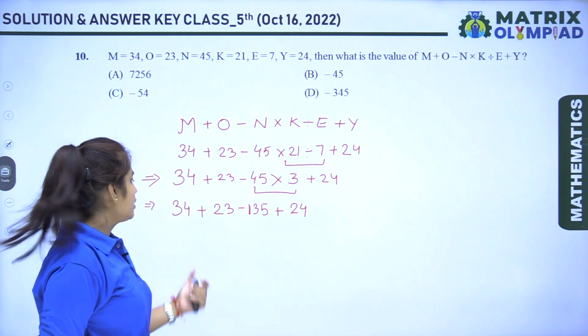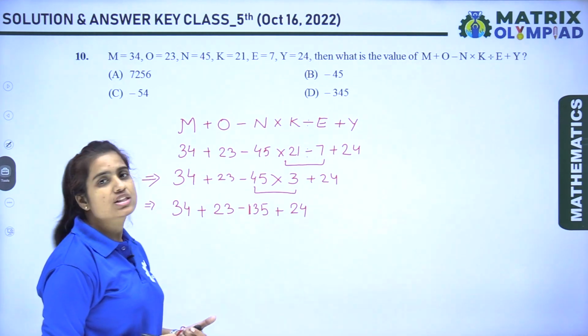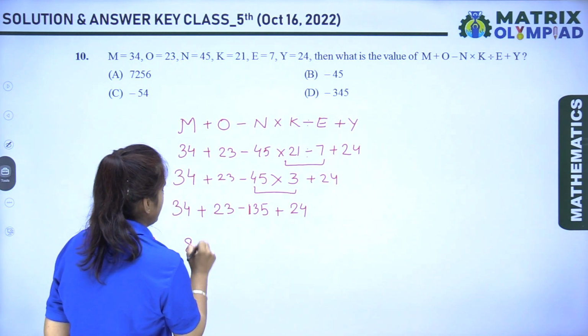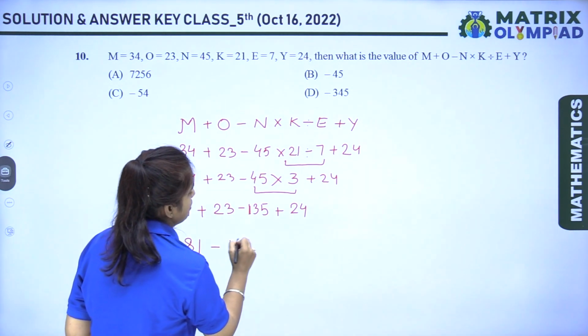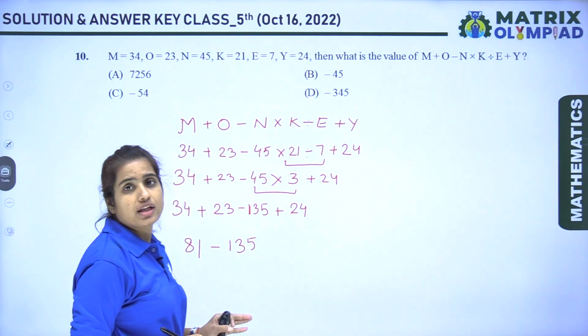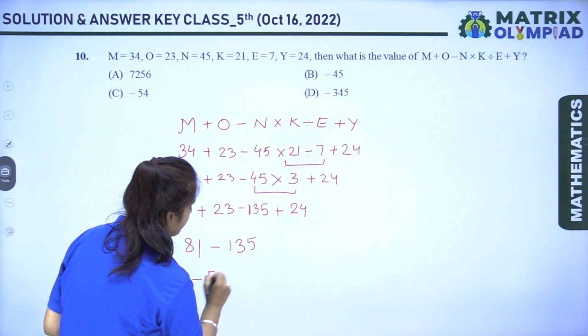So here we get 34 plus 23 minus 135 plus 24. After doing the addition, we get 81 minus 135. After completing the last step of subtraction, we get negative 54.